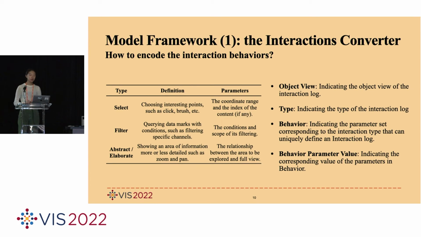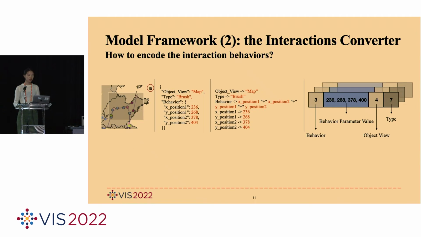So we developed a taxonomy of interaction logs based on previous methods. Then the encoded interaction logs are divided into 4 parts that can define one unique interaction form from the interaction types we considered. The user's interaction is recorded and converted to the JSON format.